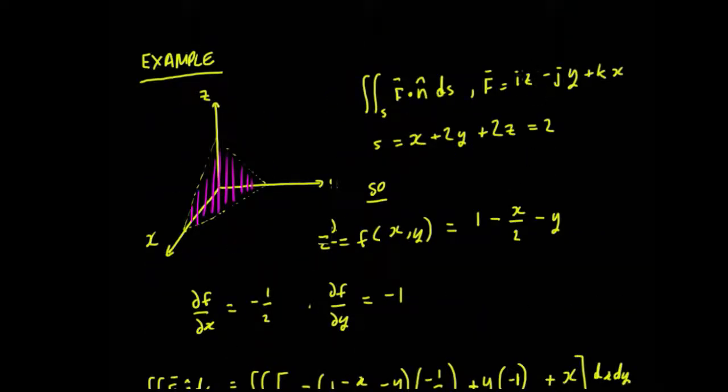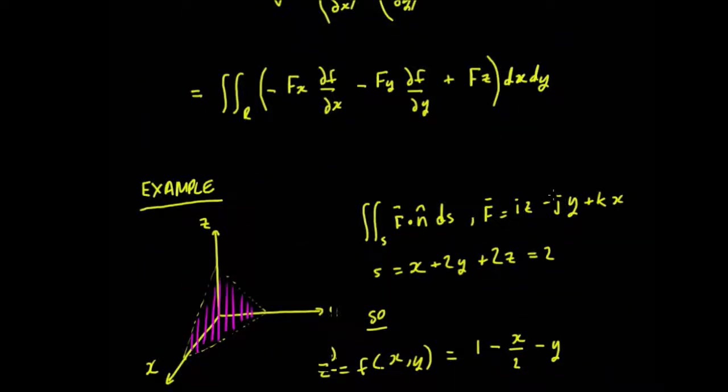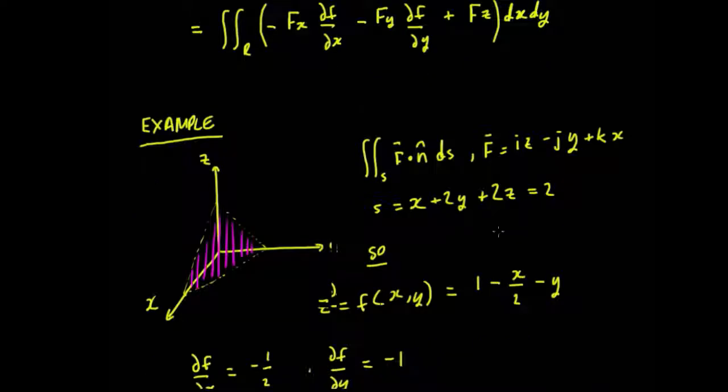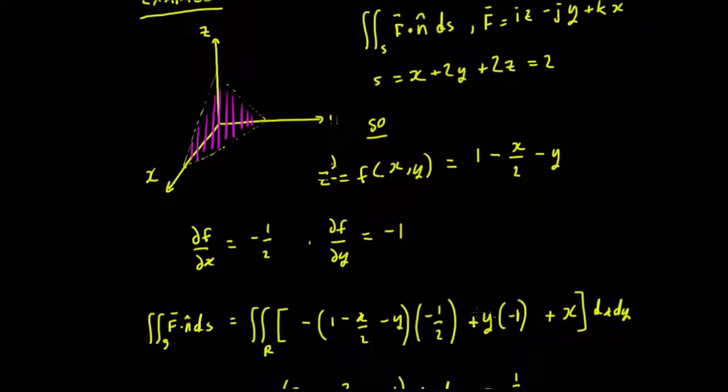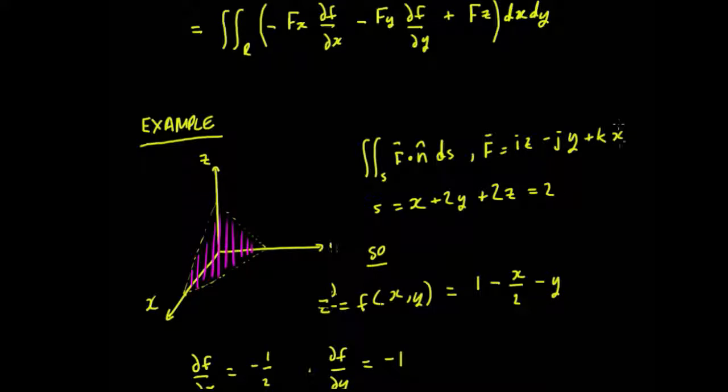Well, z is 1 minus x upon 2 minus y, and the same thing for this component here. We've got partial f by partial y, which is just the value minus 1, times our minus f of y. So the minus cancels with the minus here, makes a plus, and that's just our value of y, so that's the y component. Plus the last section here is just f of z, which from our vector function is just our value x, times dx dy.